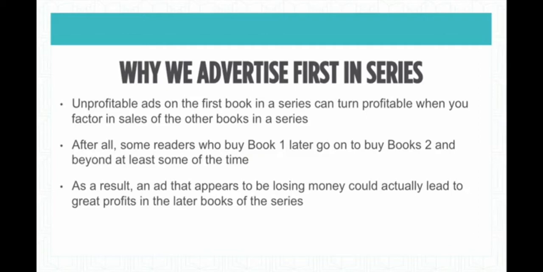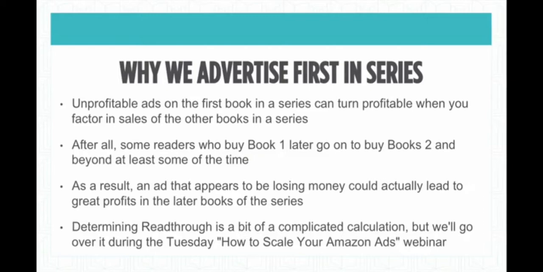They have these long series, they can bid decently high, higher than 30 or 35 cents, because they know they're going to make a ton of profit later on. So it looks like a loss. It'll look like they spent $10 and made $2. But when those readers go back to buy the future books, they actually end up making $50 or something like that. So we have to keep that in mind for the future. And like I said, we will talk more about read-through during the Tuesday webinar.